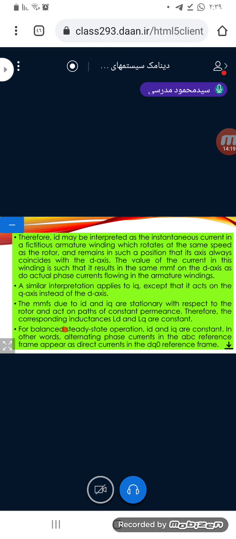For balanced steady-state operation, ID and IQ are constant. In other words, alternating phase currents in the ABC reference frame appear as direct current in the DQ0 reference frame.